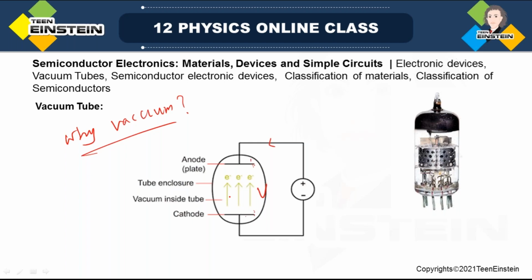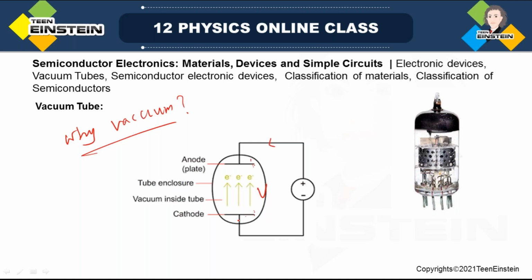Otherwise electrons will lose their kinetic energy by colliding with atoms and various gas particles. Then perfect control on the flow of electrons cannot be attained. That's why vacuum is needed.